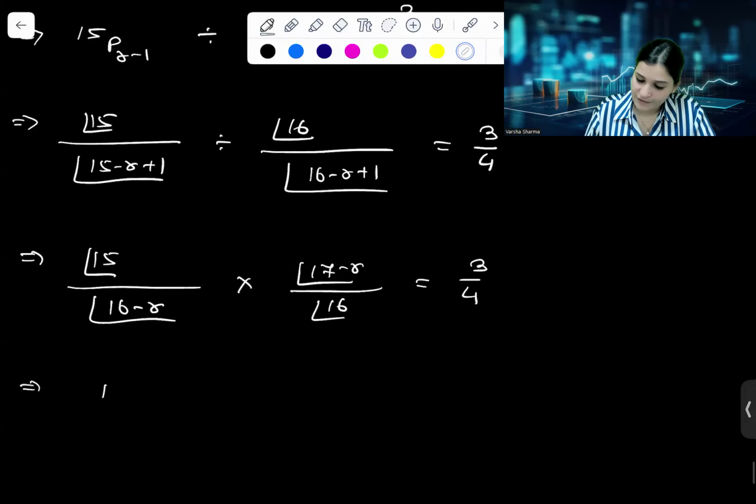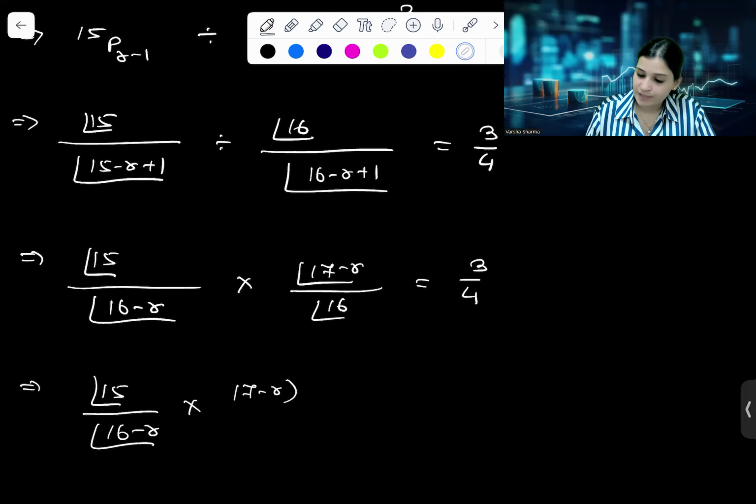So 15 factorial. 17 minus r is a larger number, 17 minus r, 16 minus r. 16 factorial is the larger number.